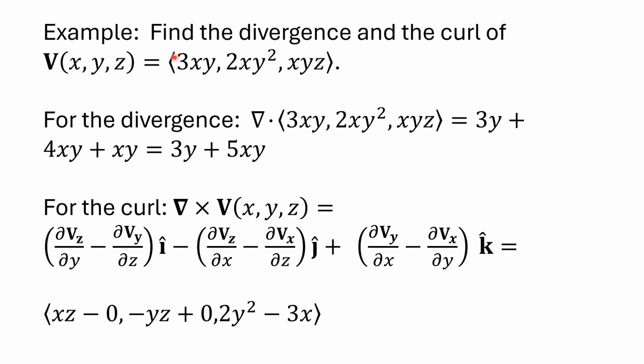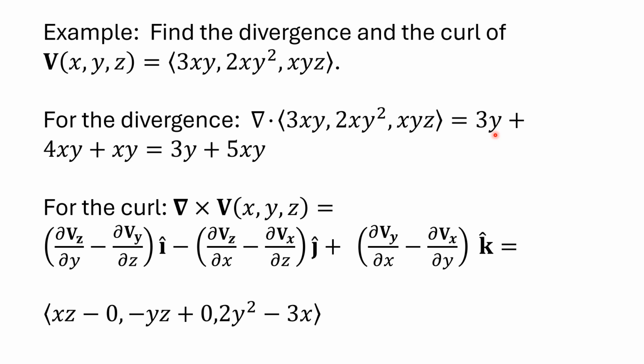Now, an example: find the divergence and the curl of a vector V(x,y,z) equals 3xy, 2xy squared, xyz. So let's start with the divergence. It's the dot product. So we're going to take the partial with respect to x of 3xy, and that's going to give me 3y.